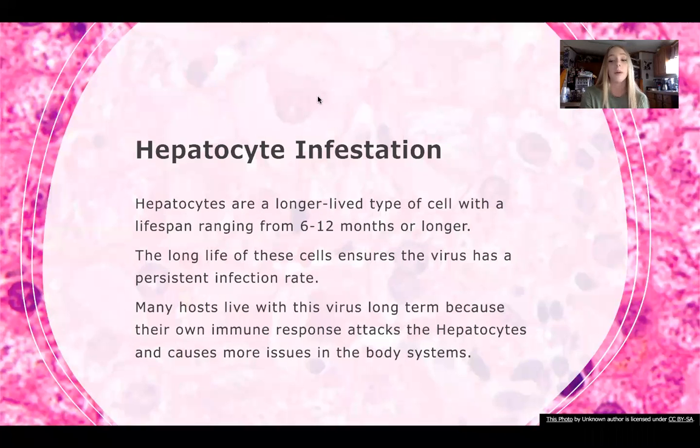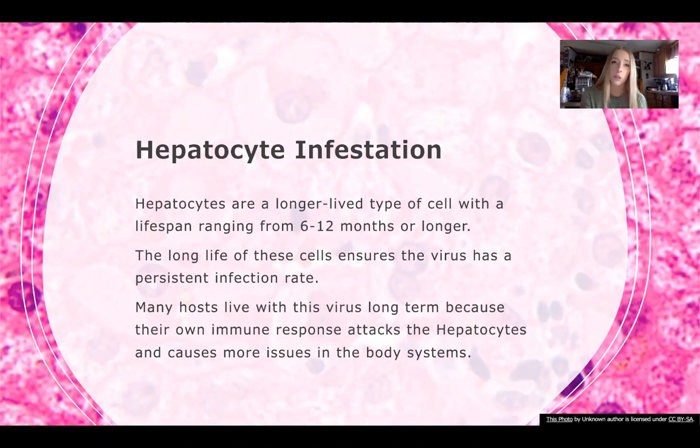Now, your hepatocytes are actually a longer lived cell within your body. They are your liver cells, but they can live up to 6 to 12 months or longer. So that gives the virus plenty of time to make its way all through your bloodstream and attack your liver cells. And many hosts live with this virus long term.